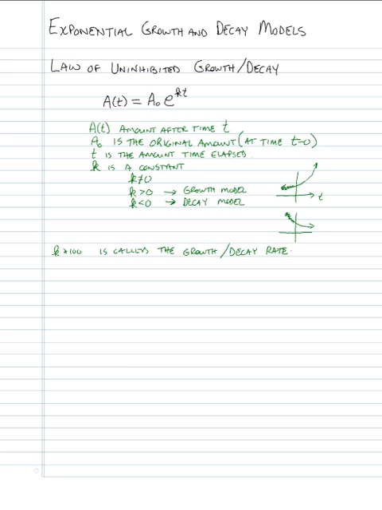Now, the reason this is called the law of uninhibited growth or decay, let me just refer to this idea again. If we have a petri dish that has a colony of bacteria in it, and we're letting it grow without any input from us, for instance, if we just let it go and don't do anything to it, that's uninhibited growth.